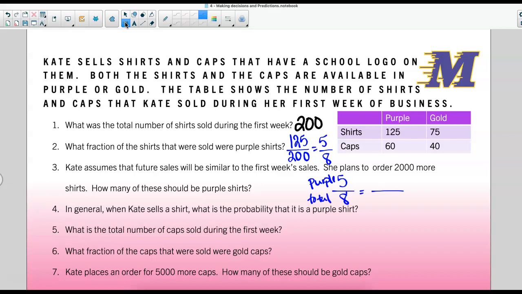The question is, how many do we want to be purple out of 2,000? So we put 2,000 on the bottom, and then we just solve this. So how many of the shirts should she order to be purple? 1,250 should be purple.